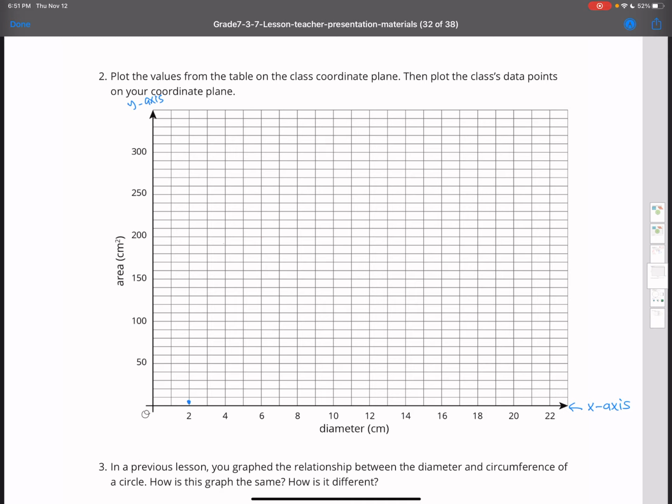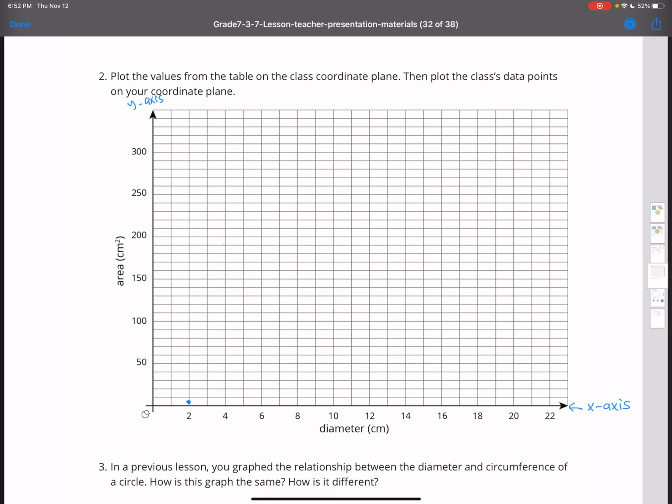All right. So the diameter is 2 centimeters, and the area is 3 centimeters squared. So I don't want to go all the way up to that first line because that represents 10. I want to hover as close to 2 as I can, but not actually touching it.